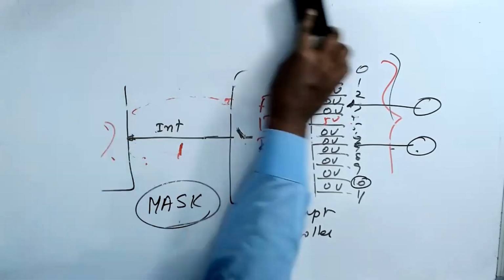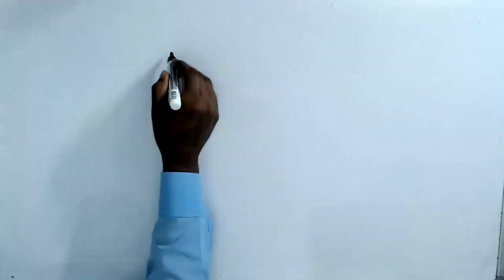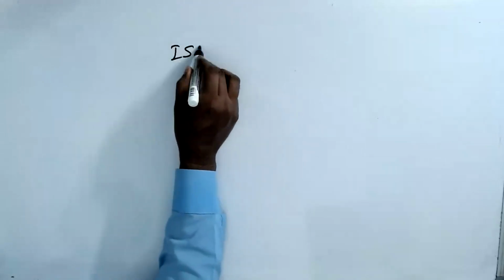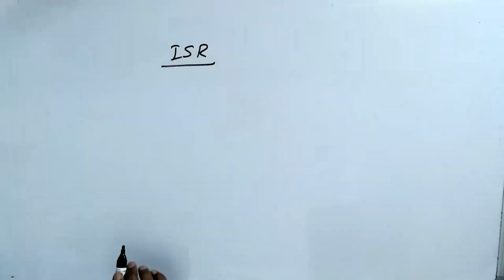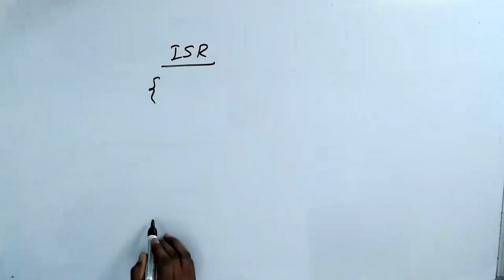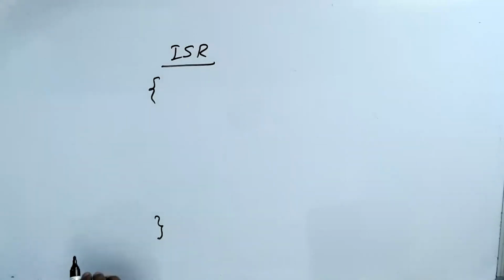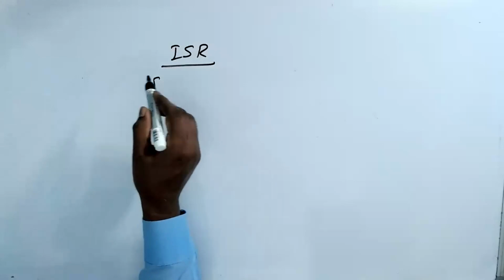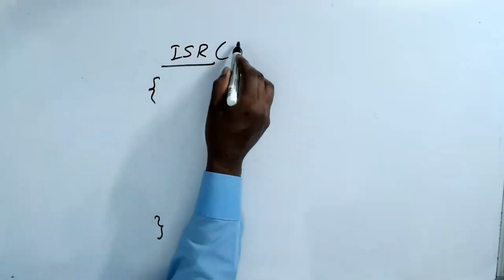So it's like this. I have an ISR, an interrupt service routine. This is the main service routine. Whenever an interrupt comes, it comes here to the ISR.